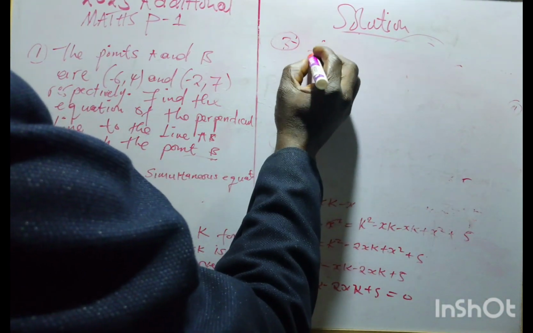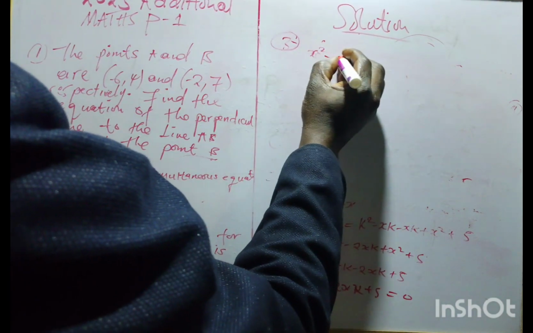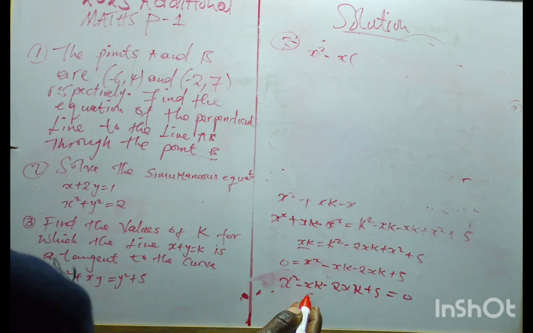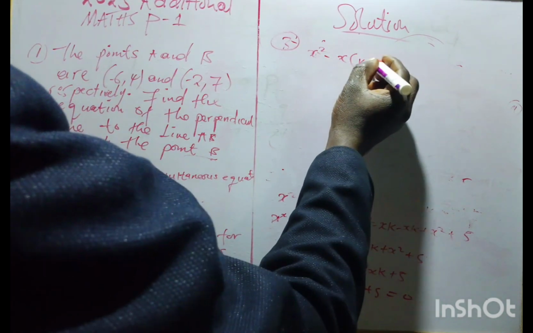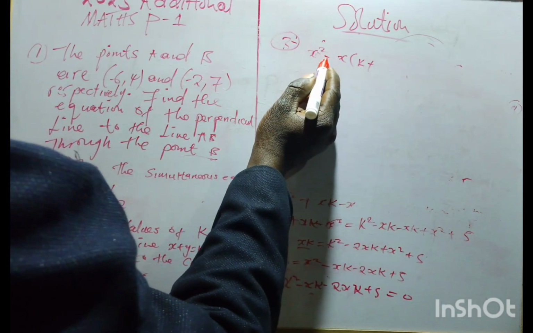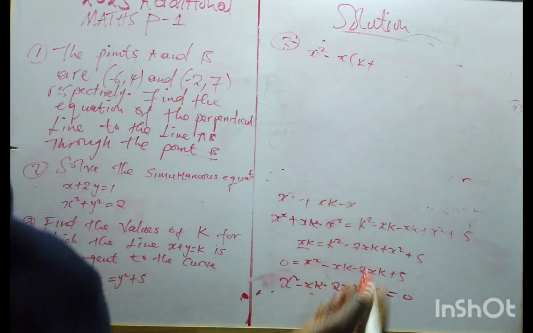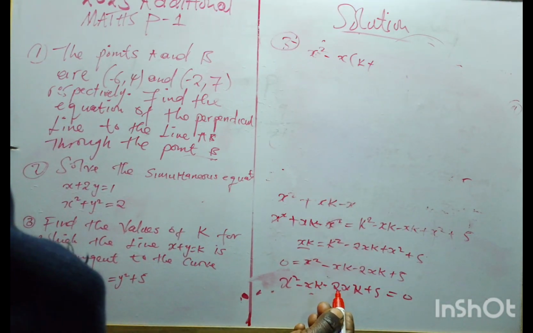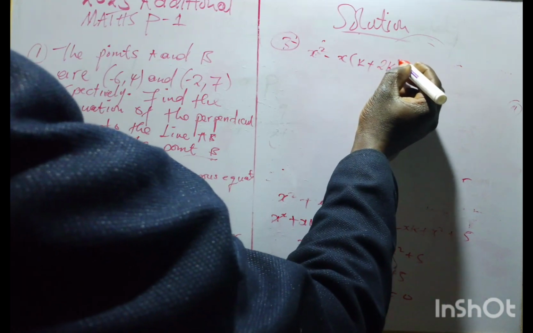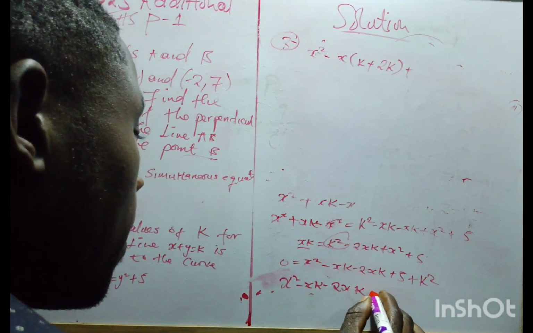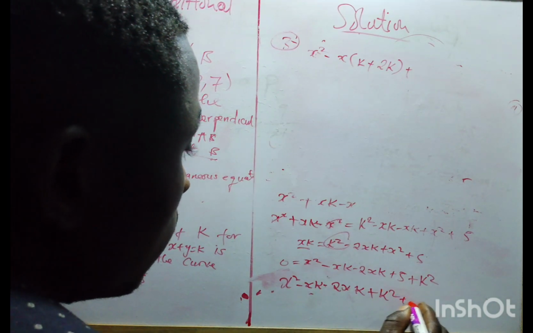So we're going to say x squared, when we factor out x, we're going to have minus x, then open bracket, x into xk, you remain with the k, then here we have plus, because when you multiply negative times positive, you're going to have this negative here. So plus x into 2xk, you remain with the 2k, then plus k squared and plus 5.